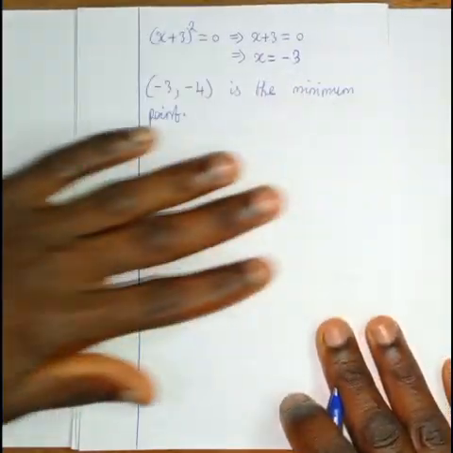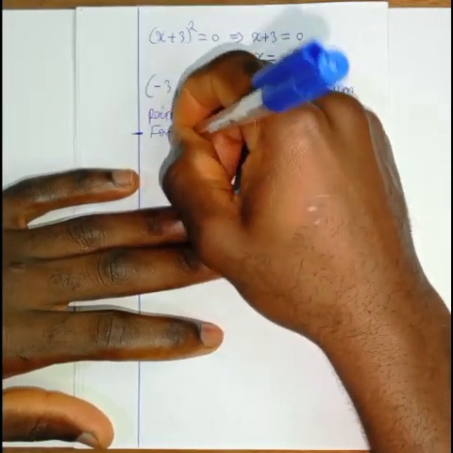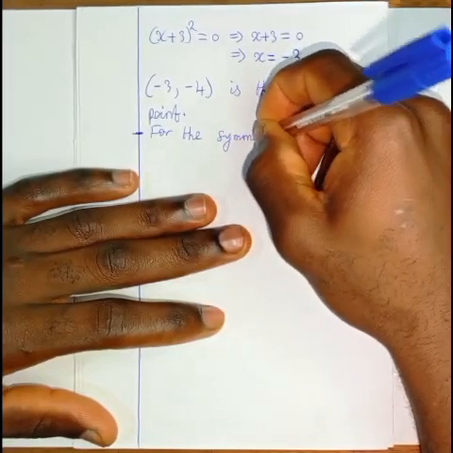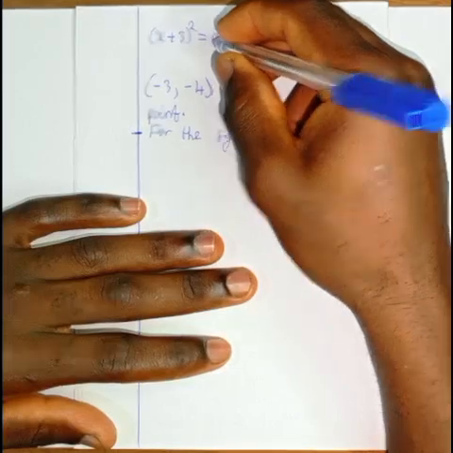Now, after getting the minimum point, we go now to the symmetry. For the symmetry, we simply know we are going to solve this equation.